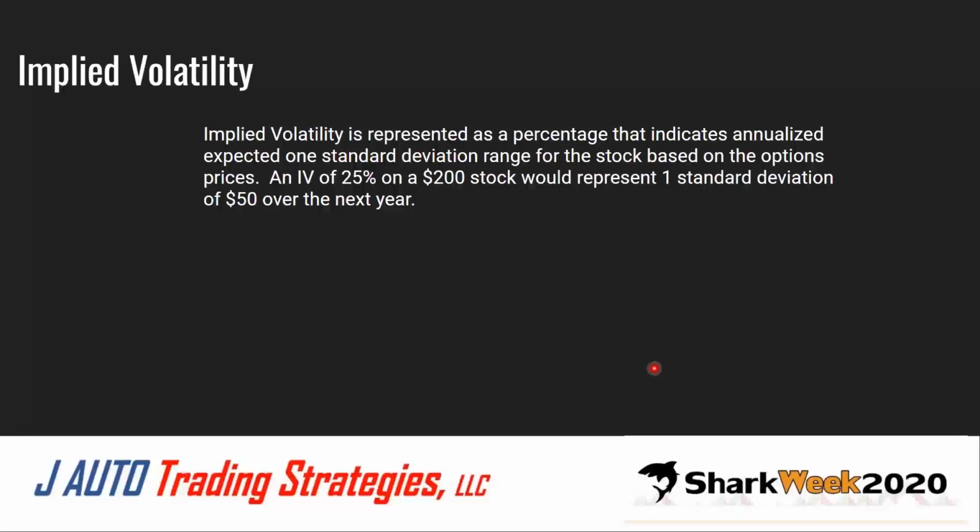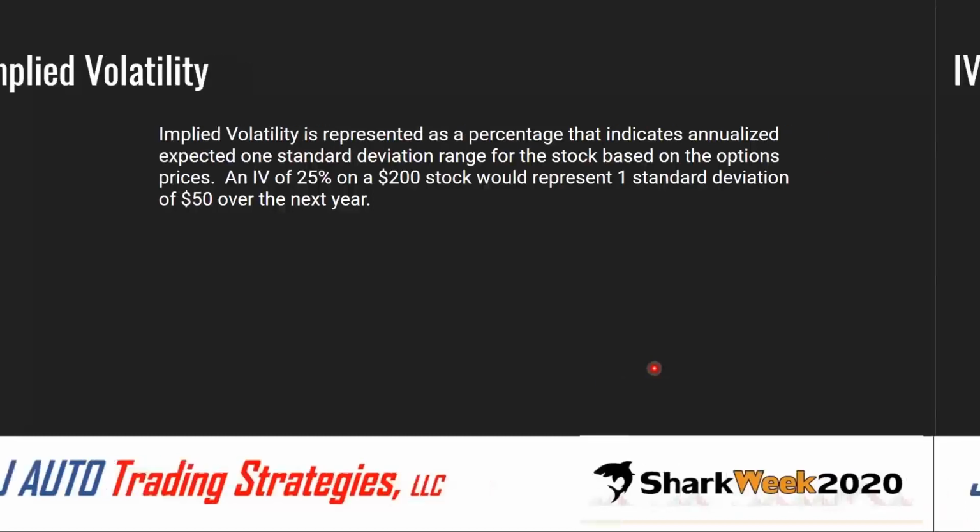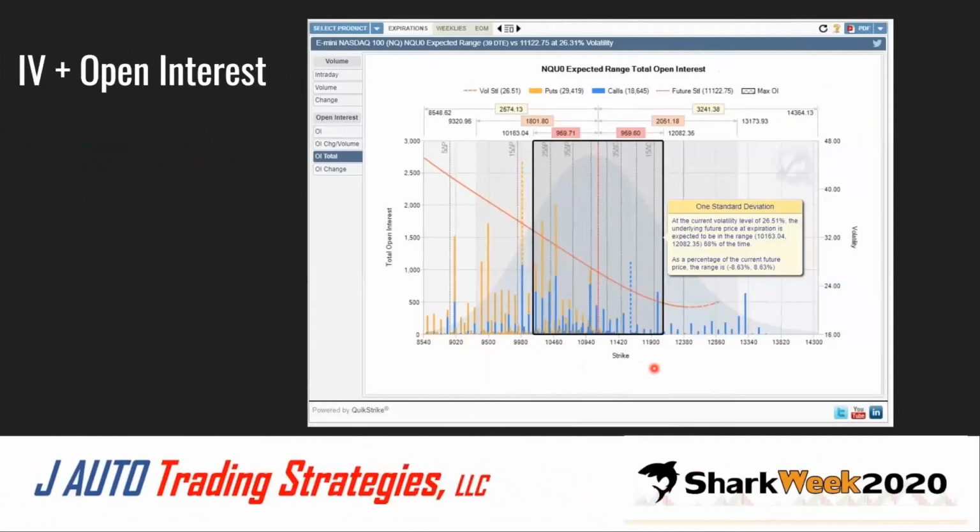All you have to do is go over to the CME's website page, and they've got this great tool that will allow us to look at these implied volatility ranges of the standard deviation on their bell curve for the current option pricing.